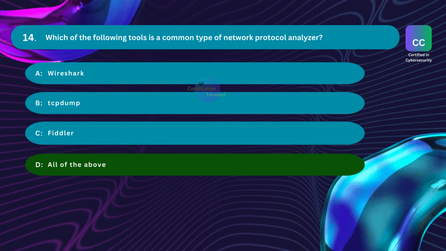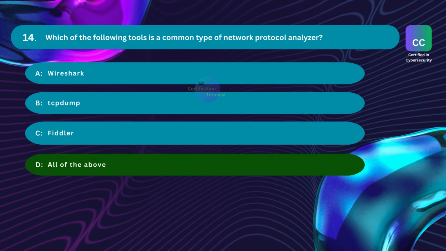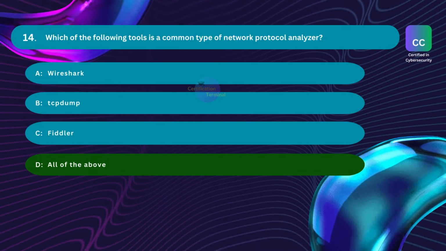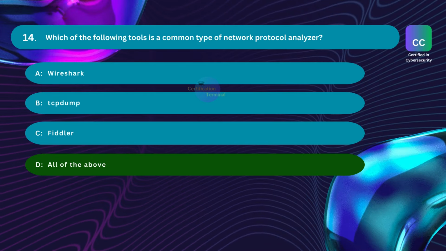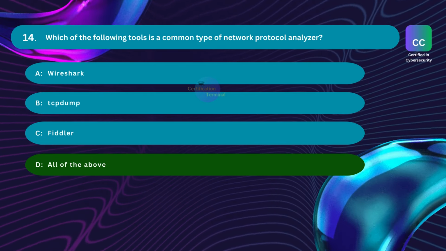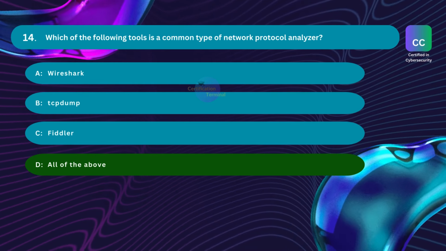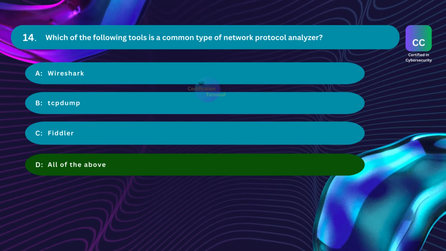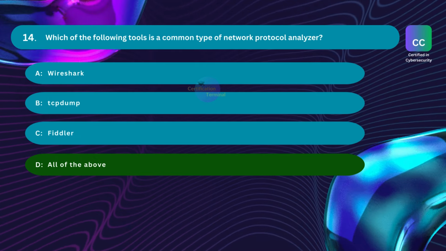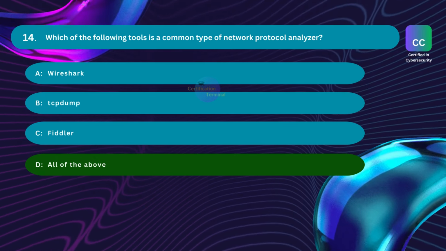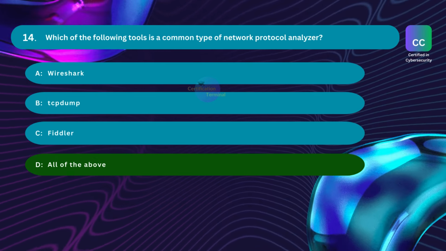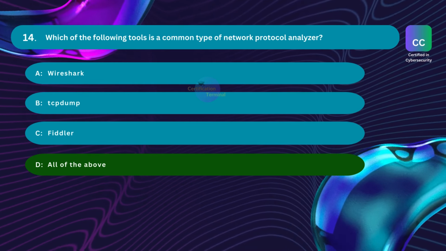Wireshark is a widely used network protocol analyzer that allows users to capture and inspect the data traveling back and forth on a network in real time. It provides a detailed view of network traffic and helps in analyzing protocols, identifying issues, and troubleshooting network-related problems. TCP dump is another powerful network packet analyzer commonly used in Unix and Unix-like operating systems.